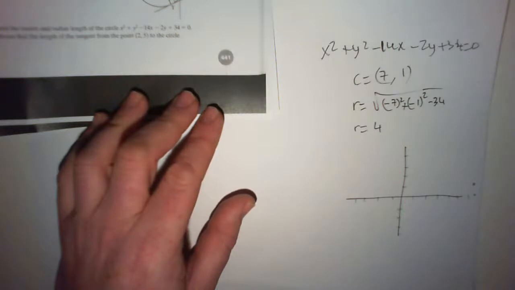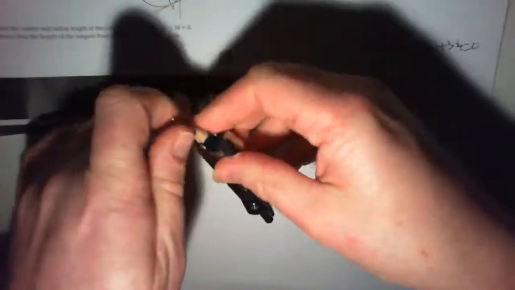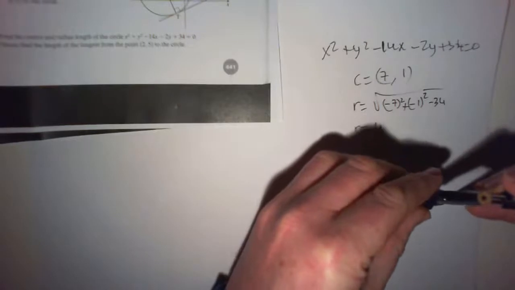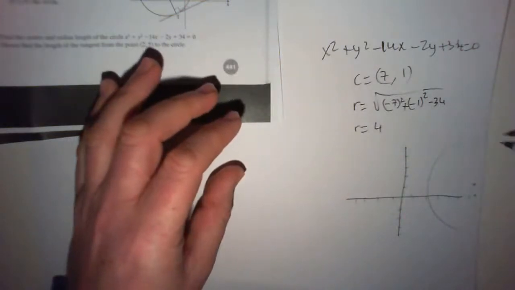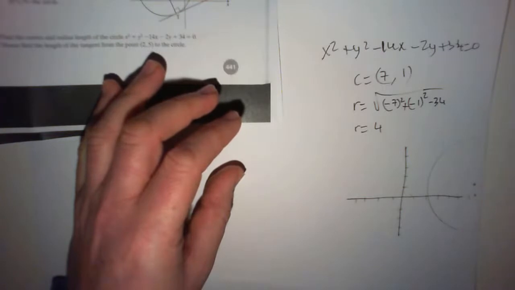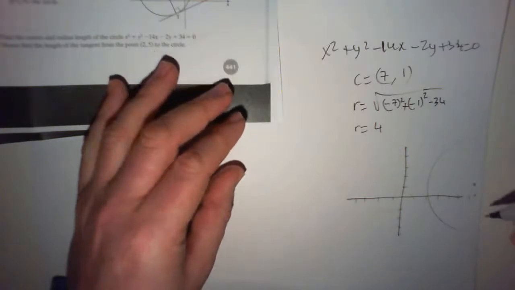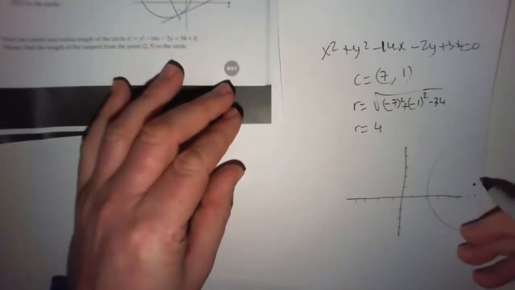Okay, so let me just draw this very quickly. Now this is in no way accurate, but it just gives you some idea of where these things are going to be. So with some circle out here, stuck between the first and the fourth quadrants, there's the center of it, which is (7, 1).